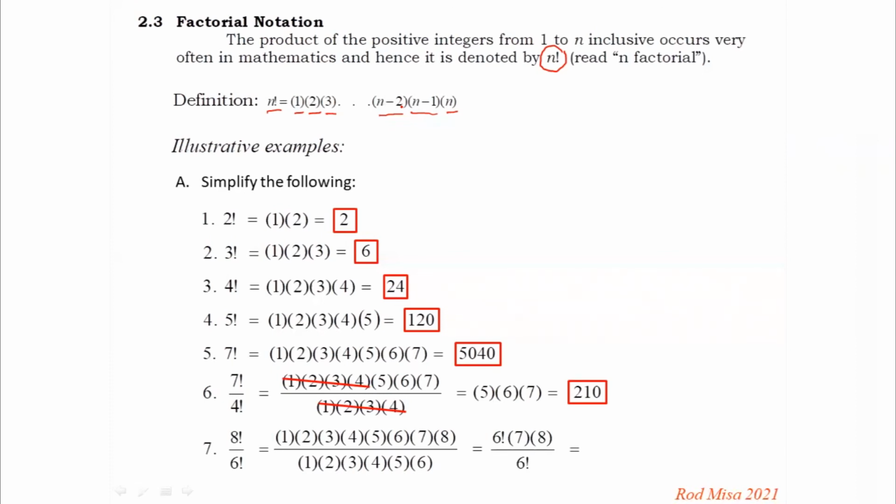Therefore, we can cancel the 6 factorial from the numerator here. So we are left with the product of 7 and 8. Thus, 8 factorial divided by 6 factorial is 56 here.